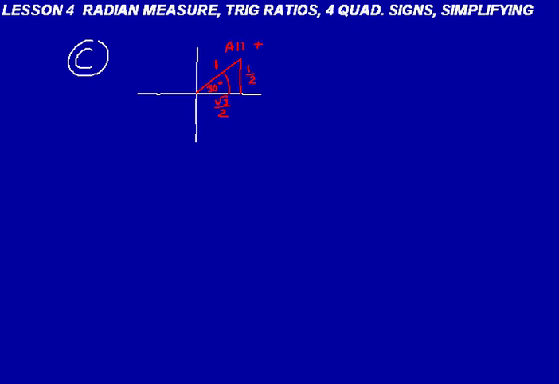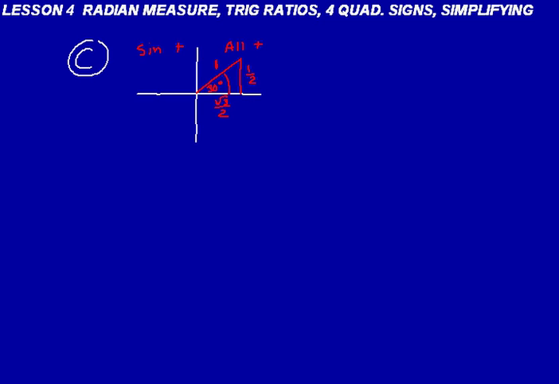The adjacent side would be negative. So in terms of sine, cosine, and tangent, cosine and tangent have the adjacent side in them. They would both be negative. Sine is positive in that second quadrant.